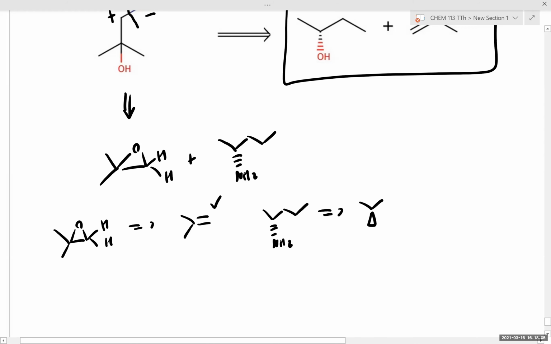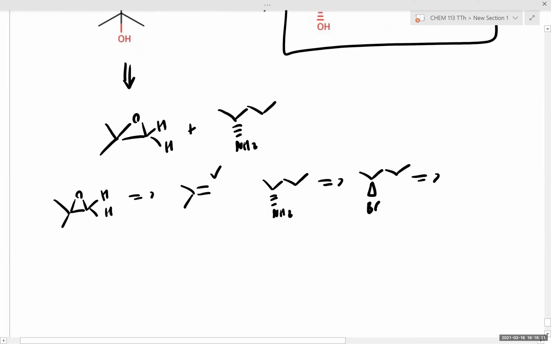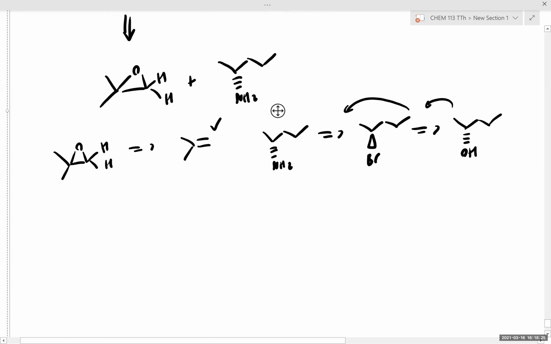We can make the amine from this defined alkyl halide, and then we can make this alkyl halide from our alcohol. Notice that we'd have to choose our conditions carefully so we have a sequential set of SN2 reactions. Remember this idea of double inversion by going through the alkyl halide?